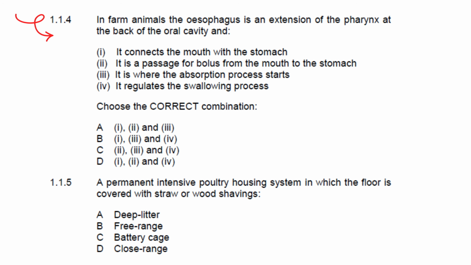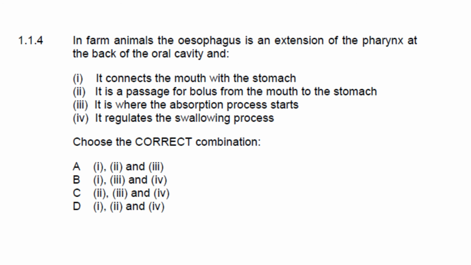Now, with these esophagus functions, which one is the correct combination? This takes you back to understanding the functions of the esophagus. The esophagus connects the mouth to the stomach, it transports the bolus, and it helps to regulate swallowing.